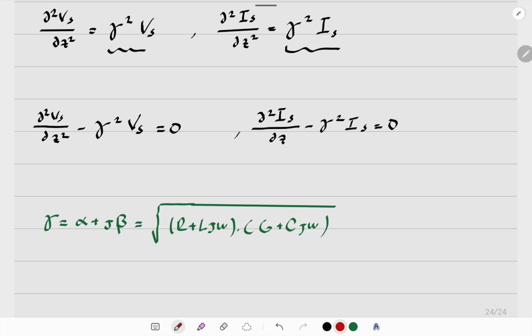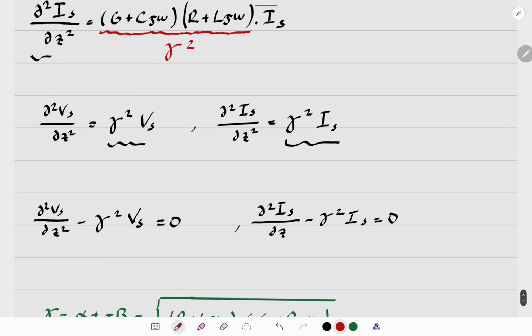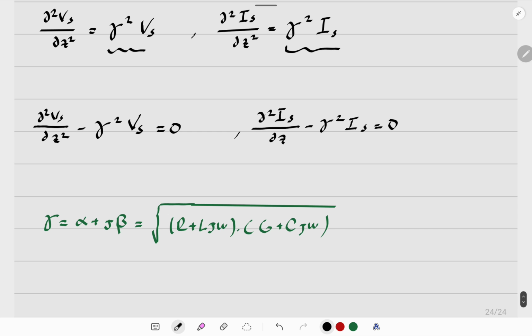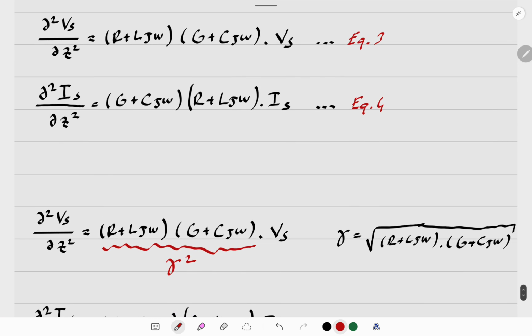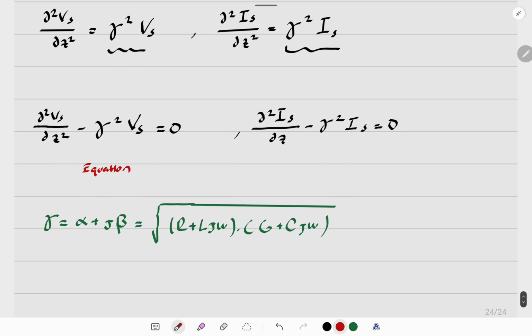All right, so these are also two different equations as well. This is equation 5, equation 6, and this is equation 7.